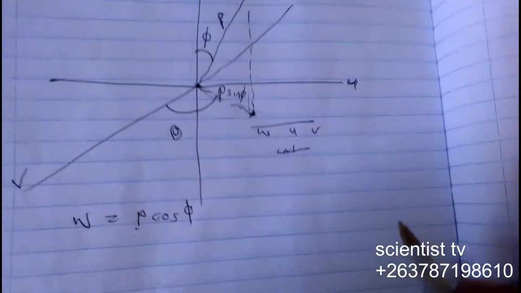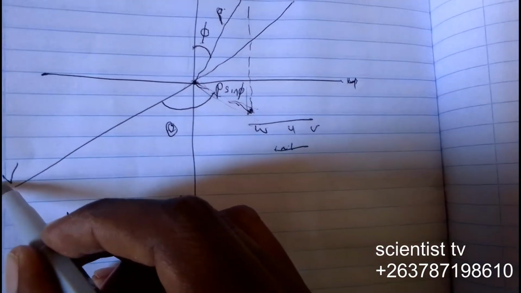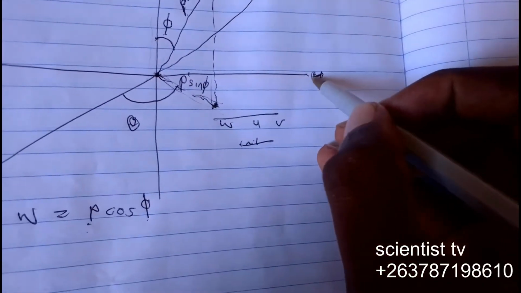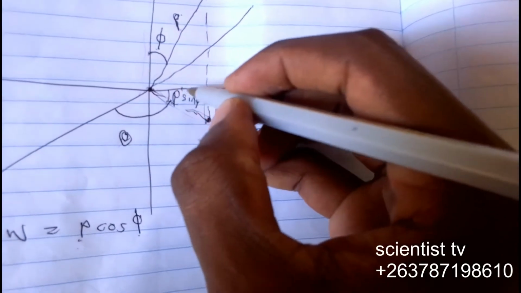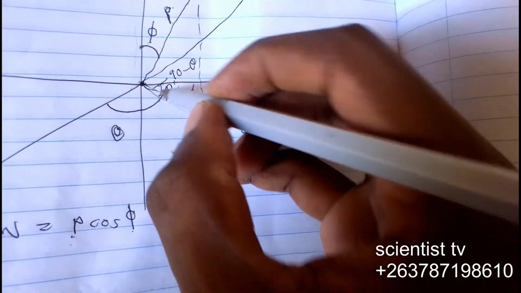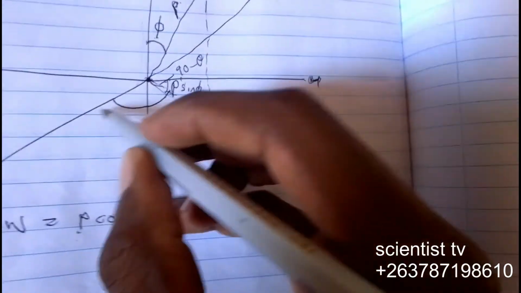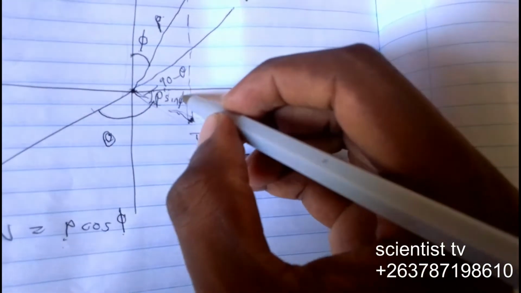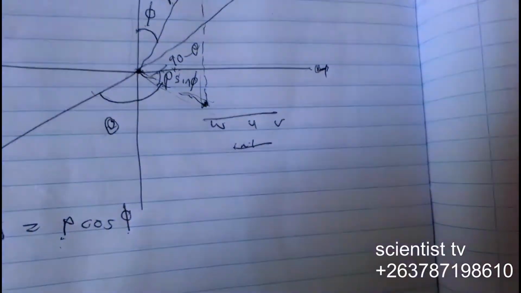So what about v? What about from here to here? That's u. Since this is theta, let's go 90 minus theta, the angle between here and here, since from here to here it's theta and this is a 90-degree angle, from here to here it's 90 minus theta.